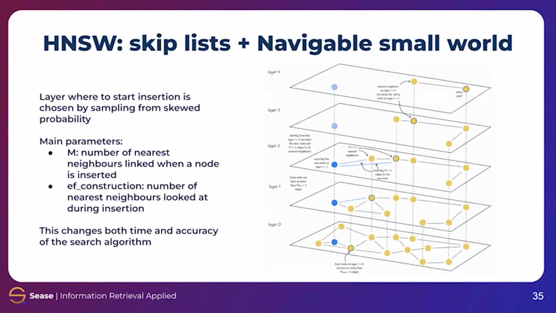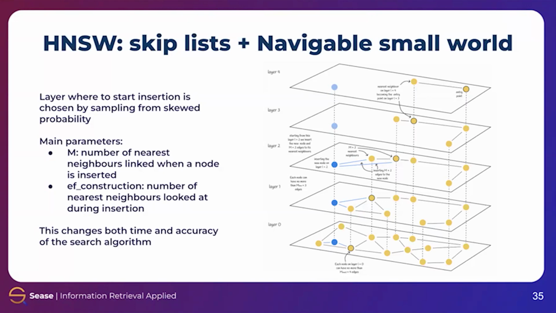How do we mix these two data structures? We build hierarchical navigable small worlds. And how do I do it? As I said before, the skip list is a probabilistic data structure.